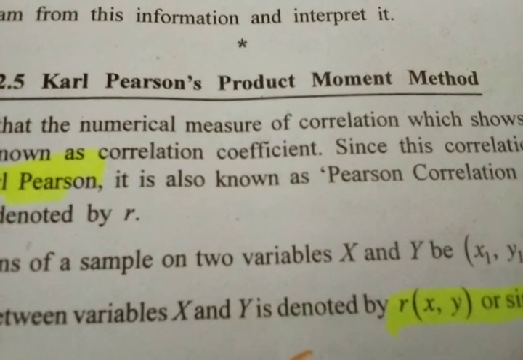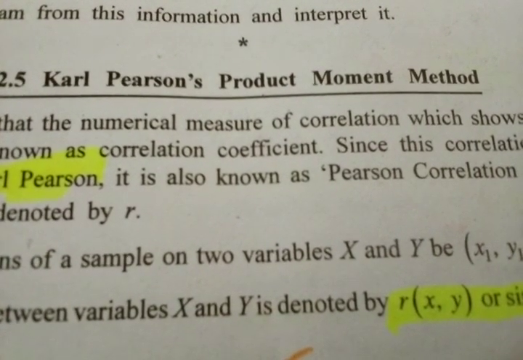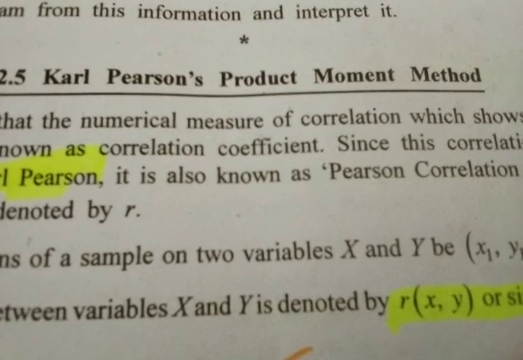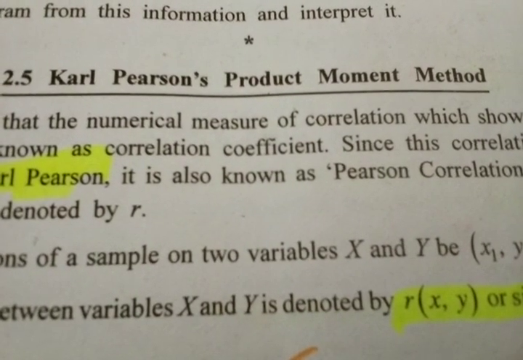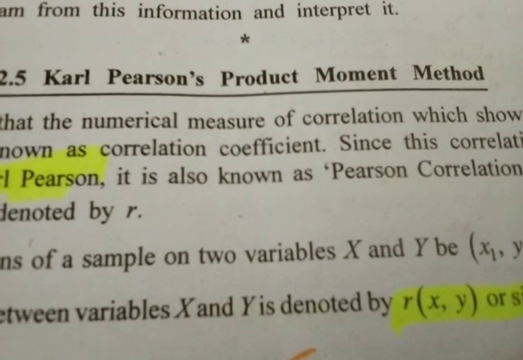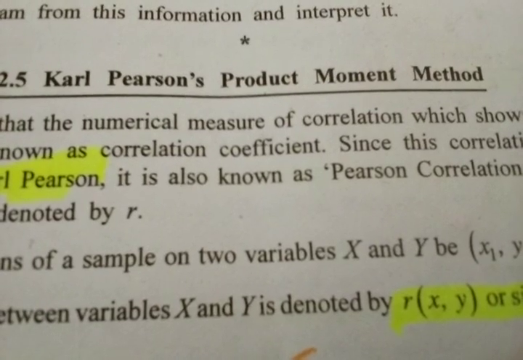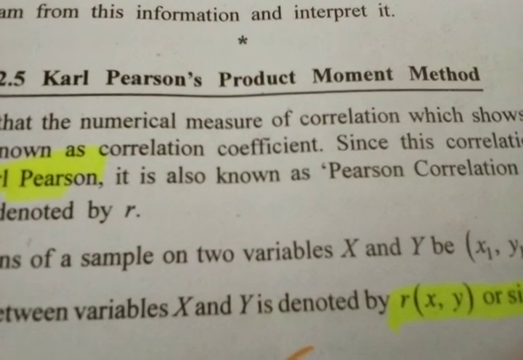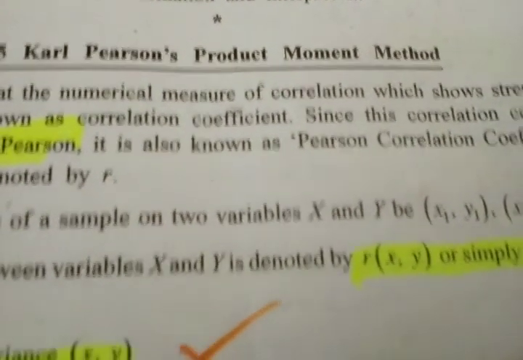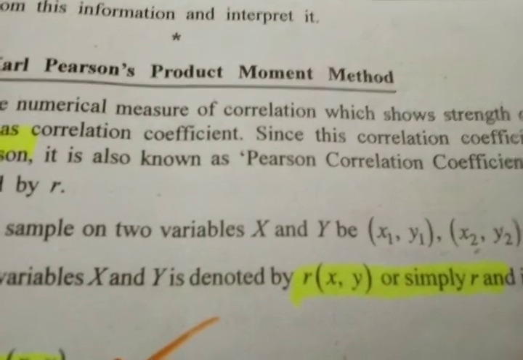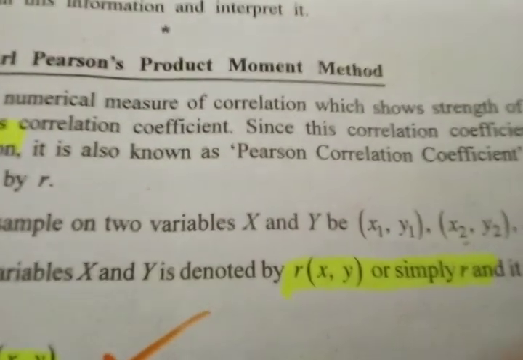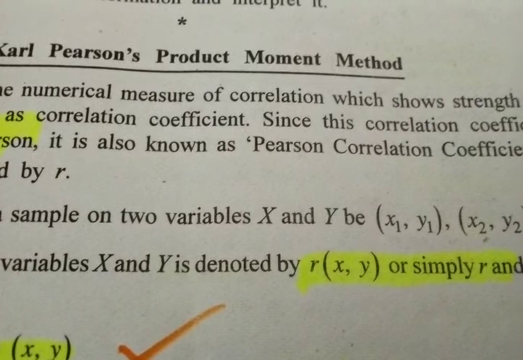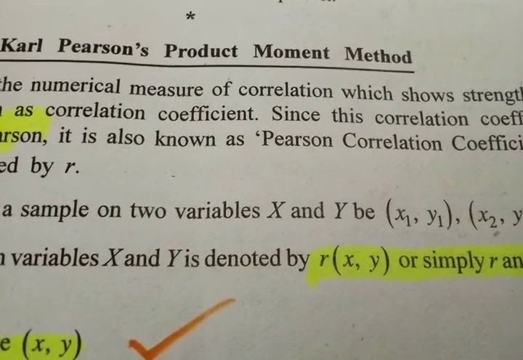Today we are going to see Karl Pearson's product moment method of correlation. We have already learned that correlation coefficient is a measure showing the strength and direction of the correlation between two variables.